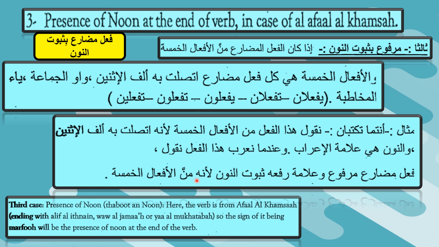Why بالثبوت النون are you saying? Because it is from the أفعال الخمسة, that's why the presence of noon tells you that it is in marfu case. So that's all the explanation on the fail mudare structure in all 3 cases.